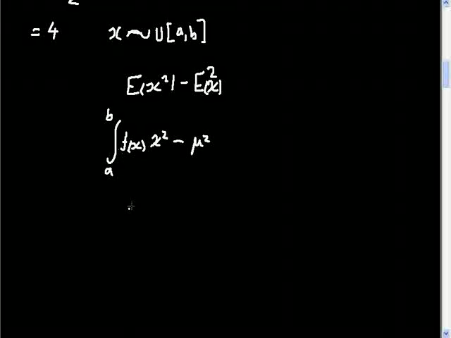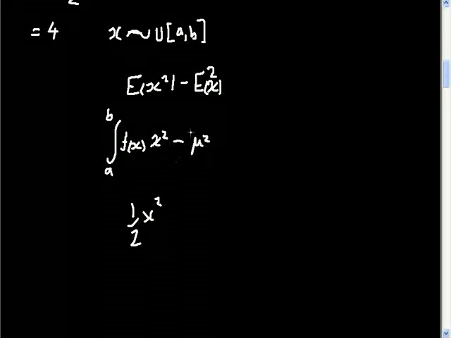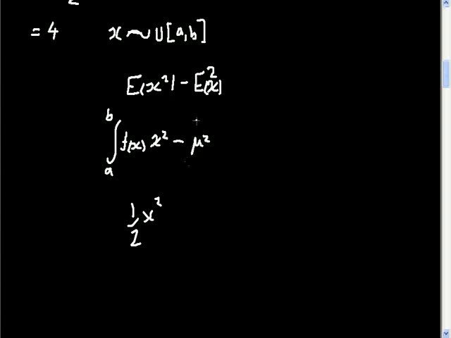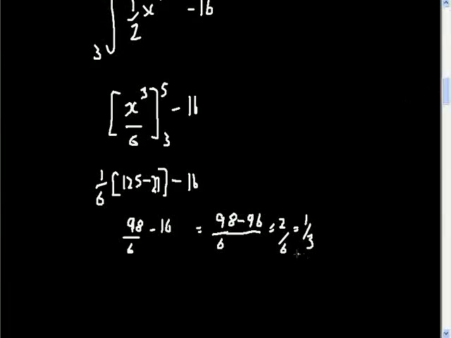So if I plug that into this equation, that's half x squared. This is done separately, I don't integrate this. That's basically my mean, my expectation value squared. My expectation value was 4, so that squared is 16, so I'll just keep that aside. My limits here are 5 and 3, so I integrate and find the result.